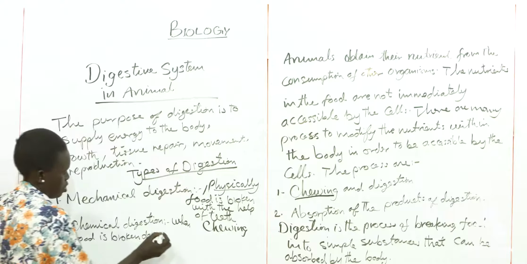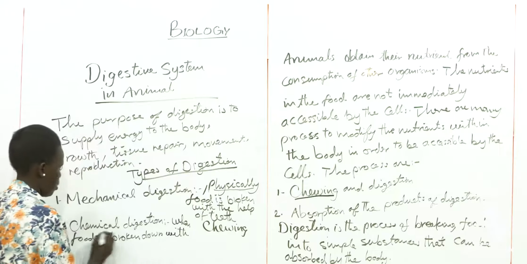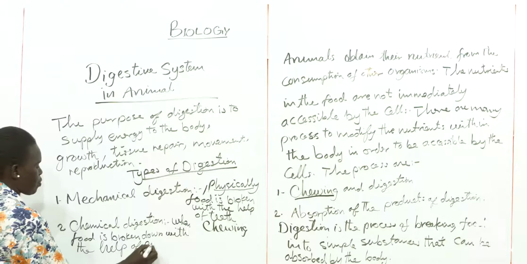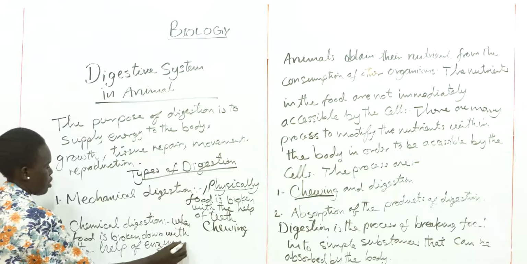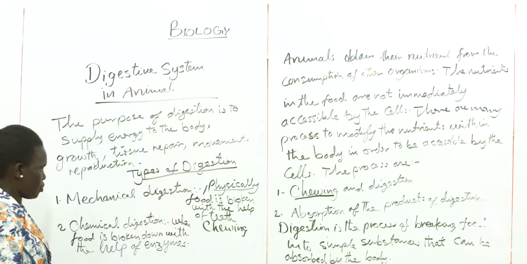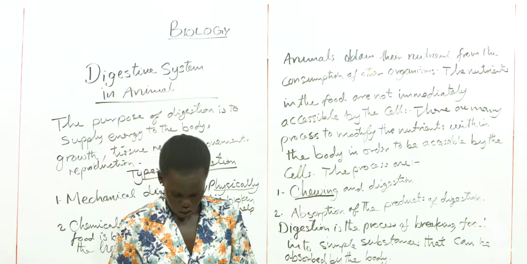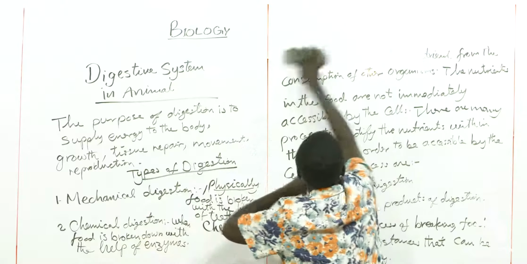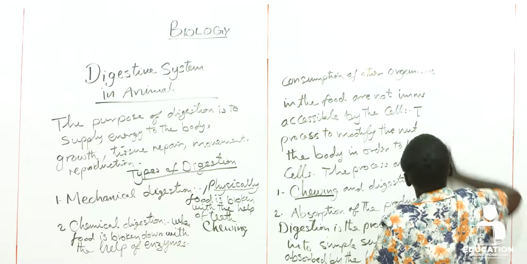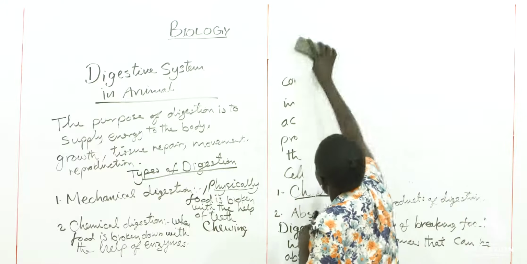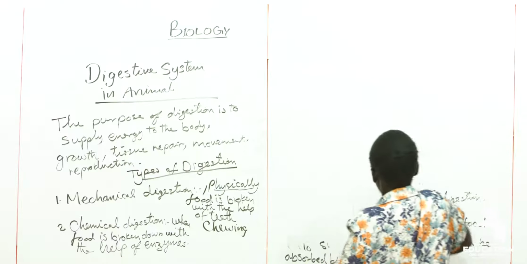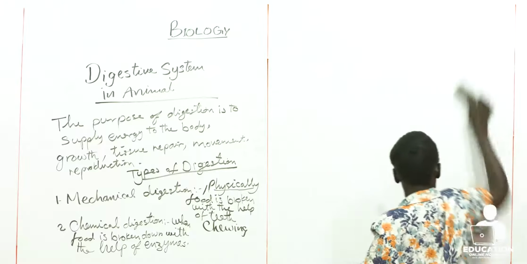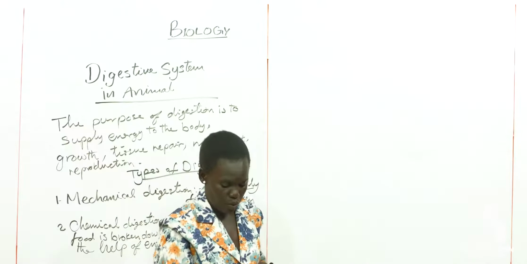When the food is broken into the smallest nutrients, it can be accessible by the cell, that means it can be absorbed by the cell, and carried from place to place within the body.